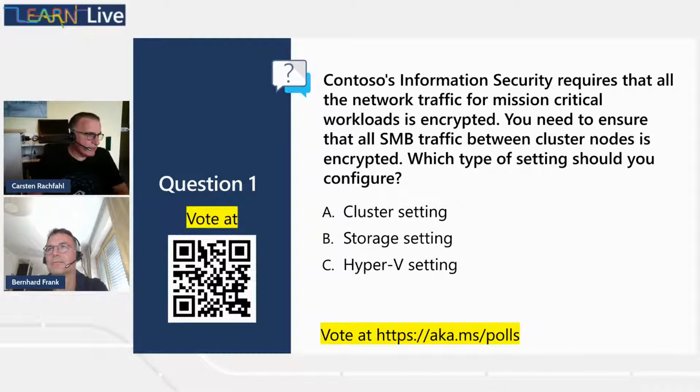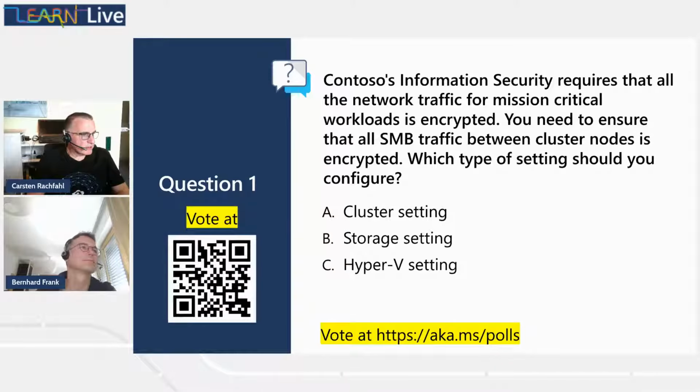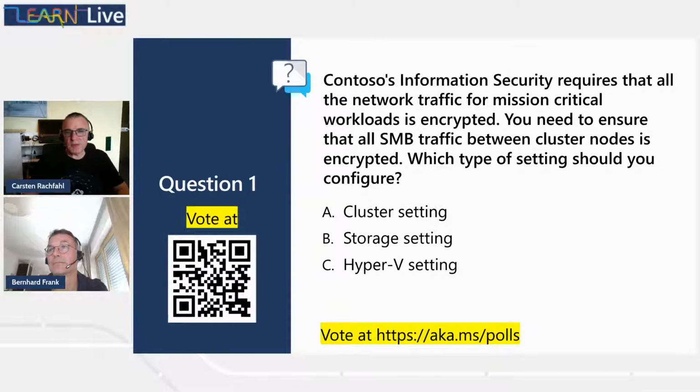So, is it A, a cluster setting? Is it B, a storage setting? Or is it C, a Hyper-V setting? And you can vote at https://aka.ms/polls. We give you some seconds to do that, and then we show you the answer.